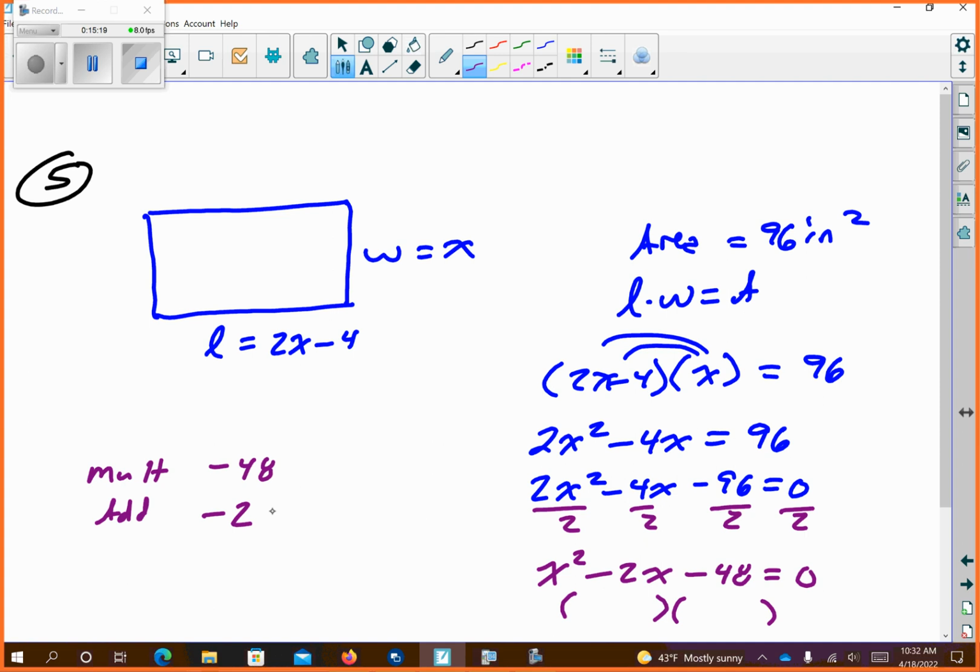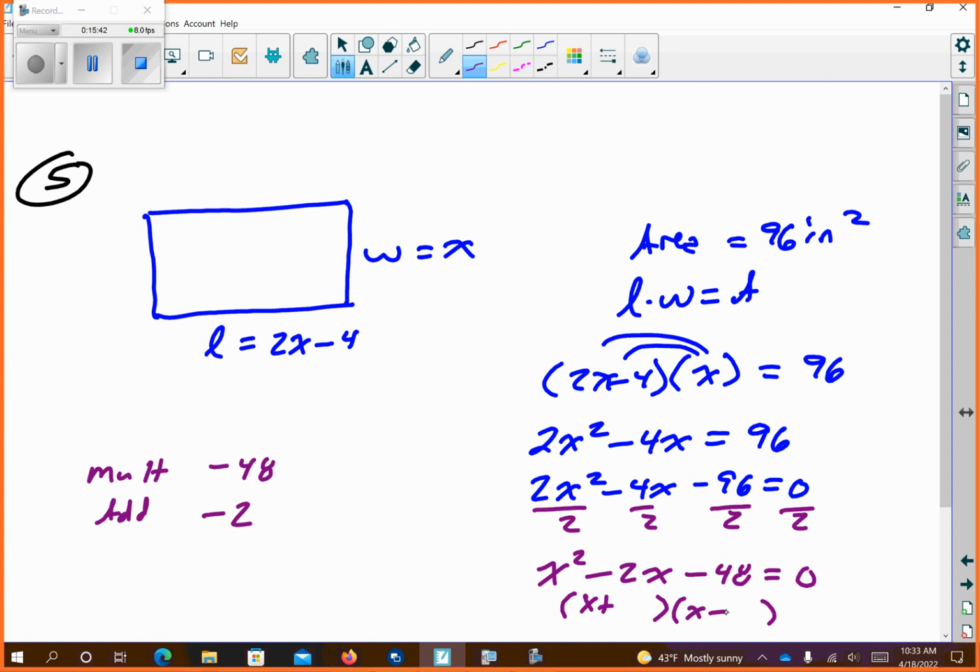So in order to get a negative, I'm going to have x plus and x minus. So what are the factors? What two numbers multiply together to give me 48, one being positive, one being negative, and add to give me negative 2? What do you think?